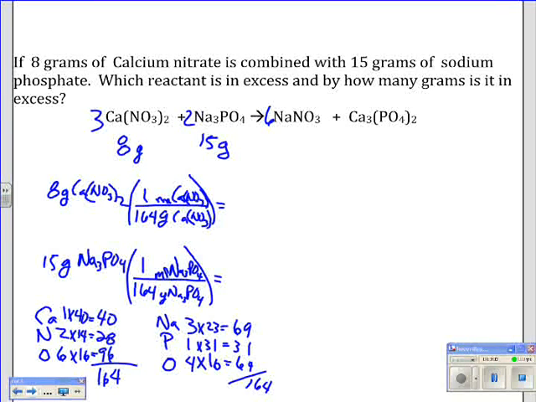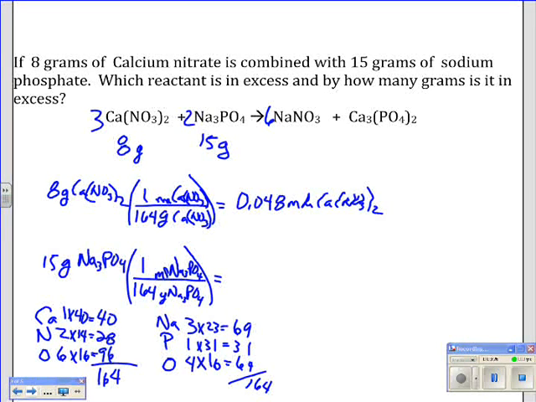So that means that I've got 8 divided by 164 is 0.048 moles of calcium nitrate.